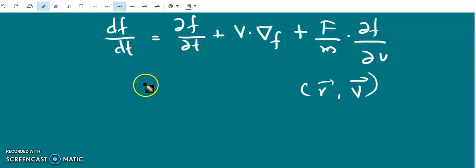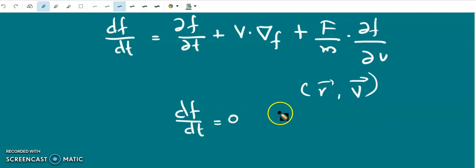And the Boltzmann equation simply says that this df by dt equals 0 unless there are collisions. So if there are no collisions, this df by dt will be 0. But if there are collisions, there will be an extra term here. So that is what is called the Boltzmann equation.